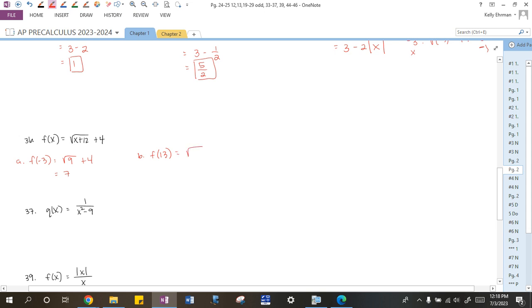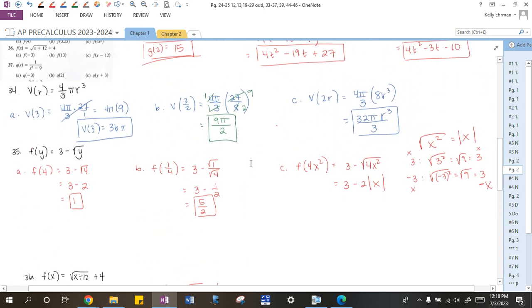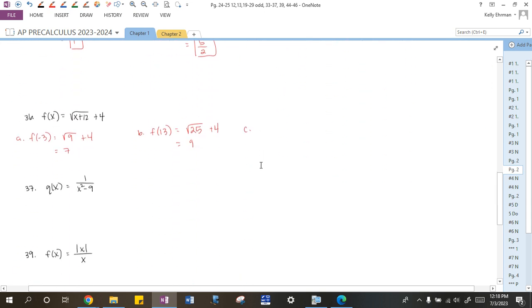That's the square root of 13 plus 12 is 25, plus 4. 5 plus 4 is 9. Part C, f of x minus 12. Square root of x minus 12 plus 12 is just square root of x plus 4.